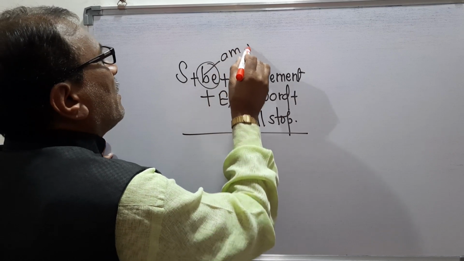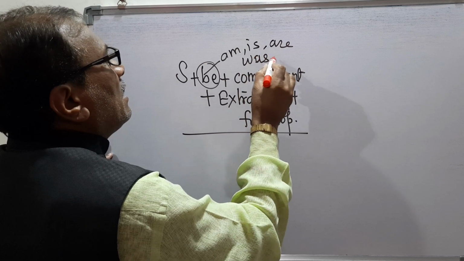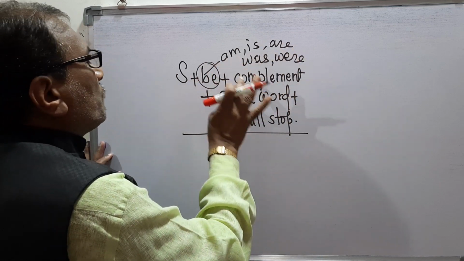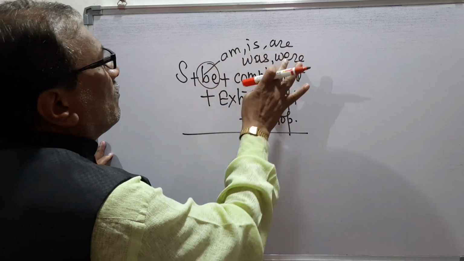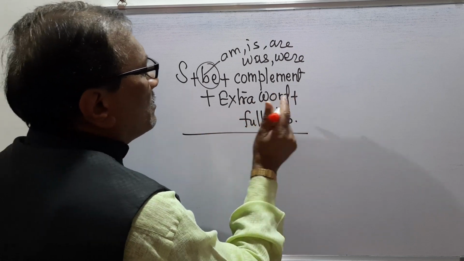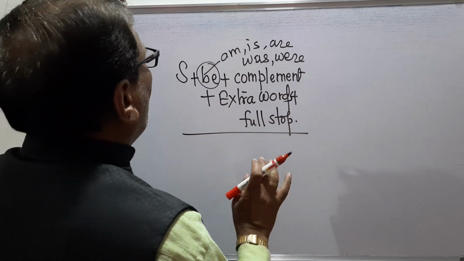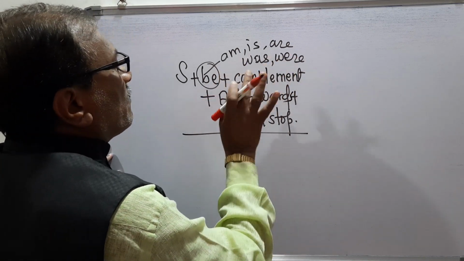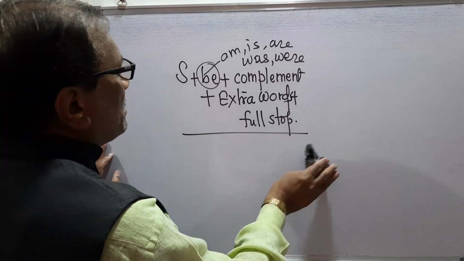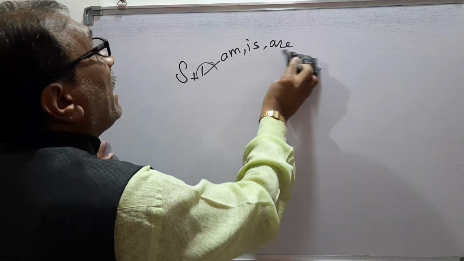Am, is, are, was, were. Be means am, is, are, was, were. Subject plus be plus complement, then extra words, and then the full stop. These am, is, are, was, were are used as the main verbs.